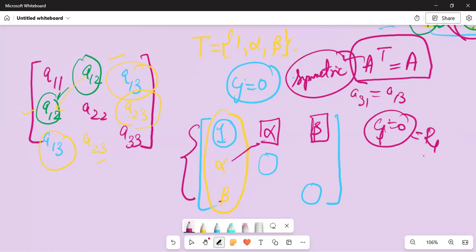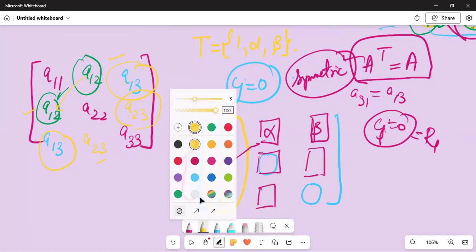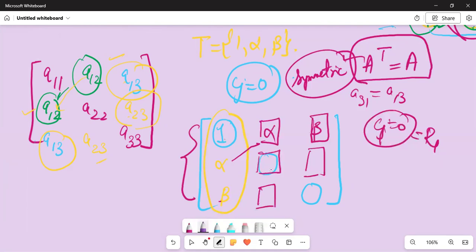Okay, now what about the other elements? Now, can you choose this element, the A22? Can you choose this one? So if this is alpha, can I put it beta?